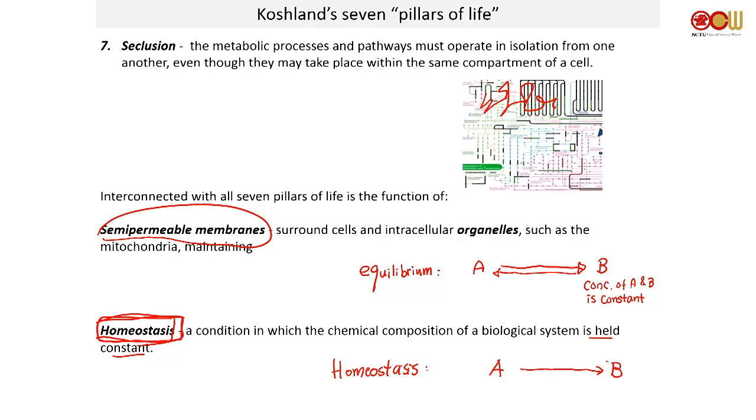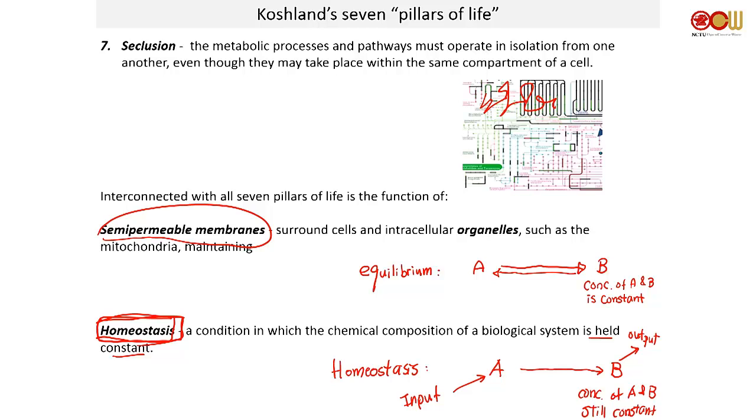So A has to go to B. Now the concentrations of A and B are still constant. How? It turns out you have a net input and a net output. So this is what homeostasis means.